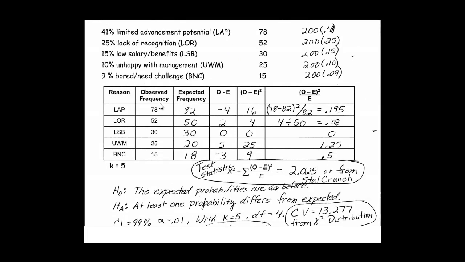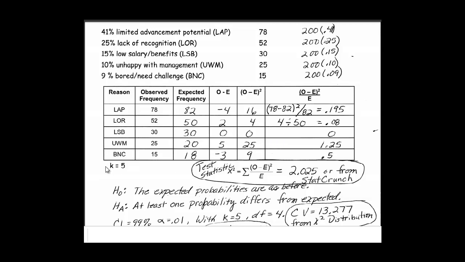So when I set up my chart this time, I have my observed frequencies, which were given right here, and then my calculated expected frequencies based on these probabilities given a sample size of 200. So this part you would need to be able to calculate. The rest of this I filled in: the difference between the observed and the expected, squaring each of those differences, and then taking each square and dividing by the expected frequencies, adding them up. I would not expect you to do this, but I just wanted to demonstrate this again.